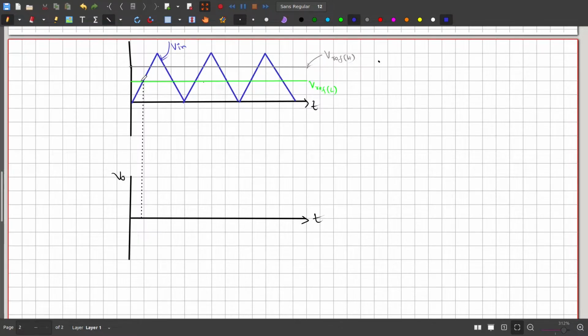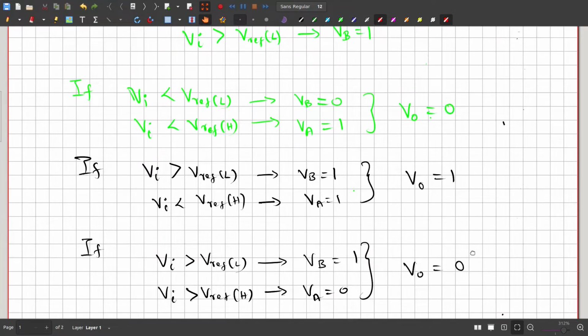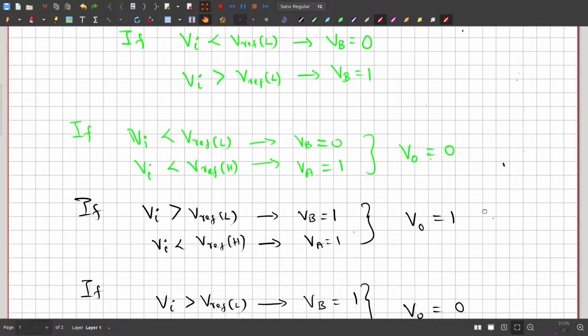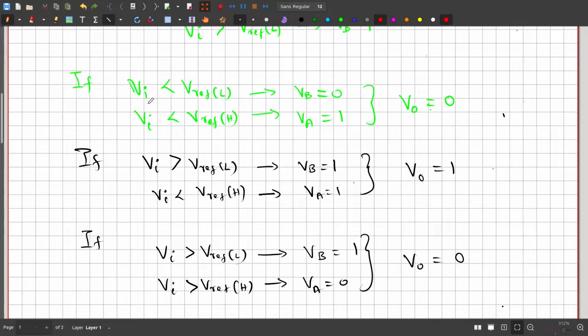So when the input is less than both the lower and upper threshold, we have the output as zero.